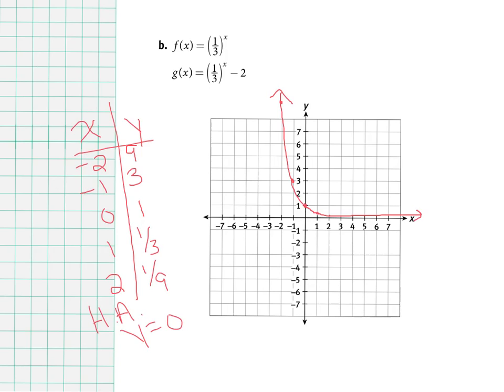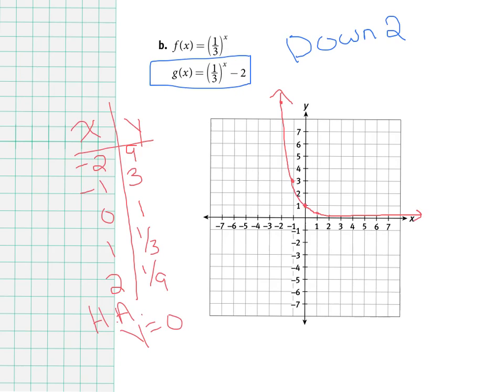Now put the second one in y2 and see what happens to your graph. You should notice that it moves down 2 steps.